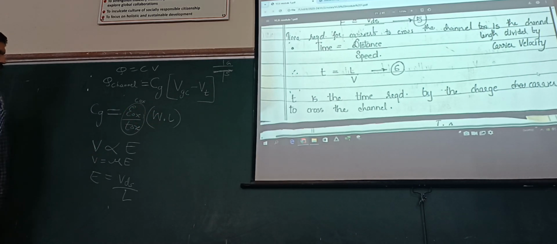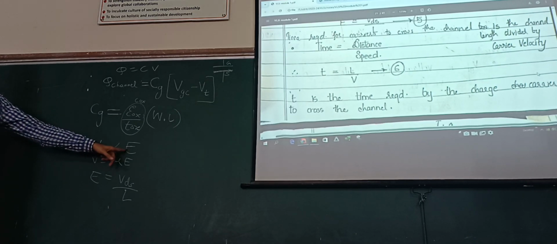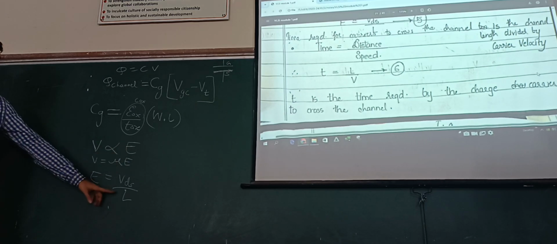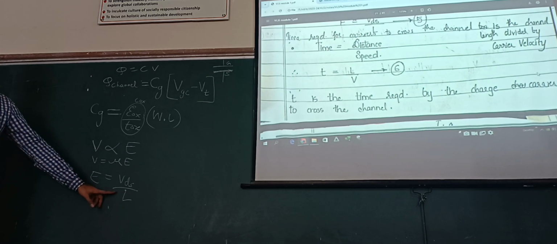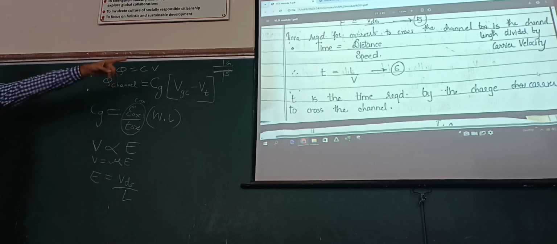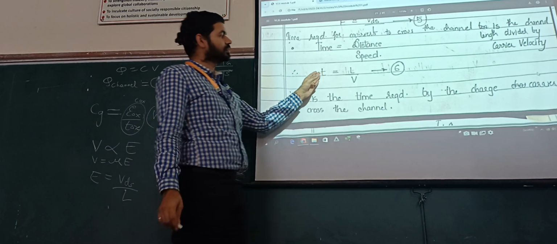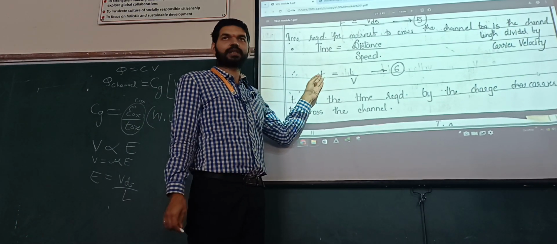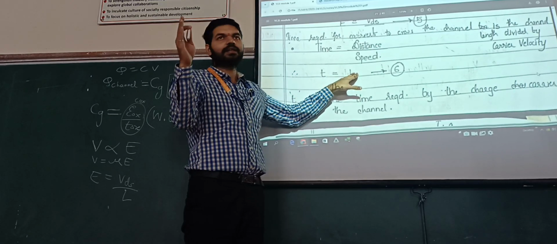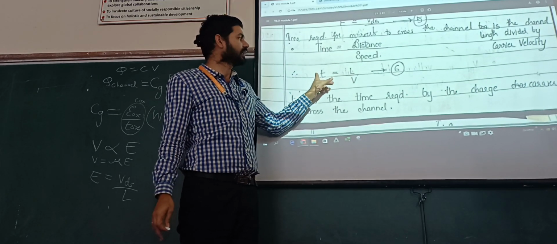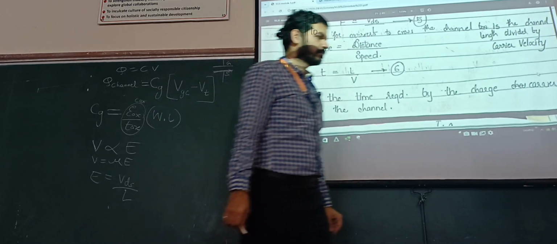Next, velocity of the charge carrier is directly proportional to E, or v is equal to mu into E. Then E is voltage divided by length: whatever voltage you apply and whatever length there is, E is defined on that. Next, time required by the charge carrier or electron to travel distance L through velocity v is T is equal to L by v.